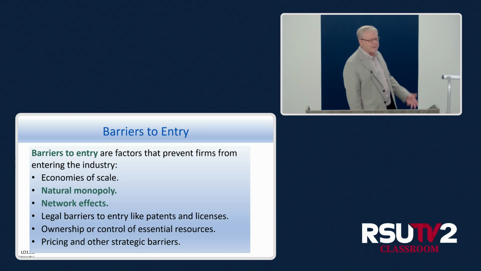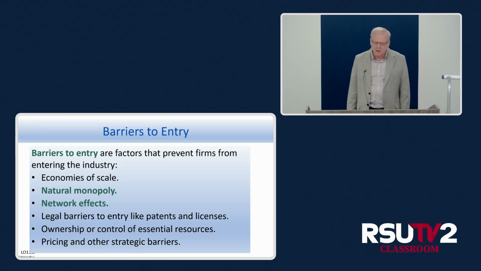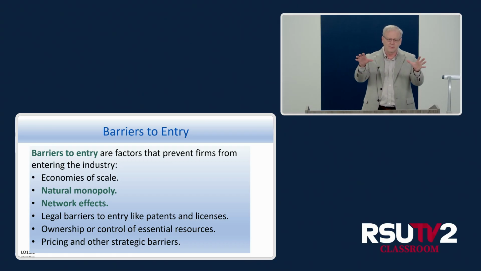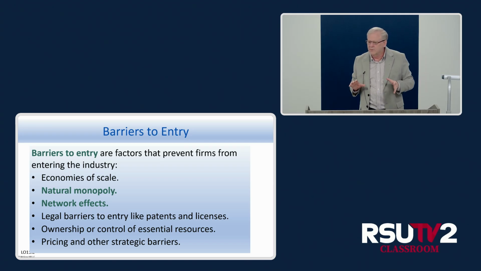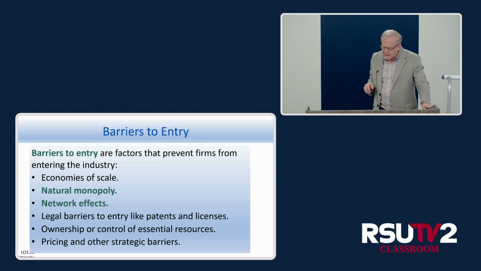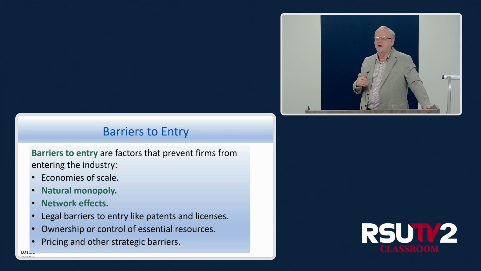So we see this with computer software as well. I think of the whole Microsoft suite of things that work with Microsoft and so forth, and Google and so forth. So these are, if not monopolies, then kind of near monopolies, a duopoly or something in these industries, because they're strong network effects.